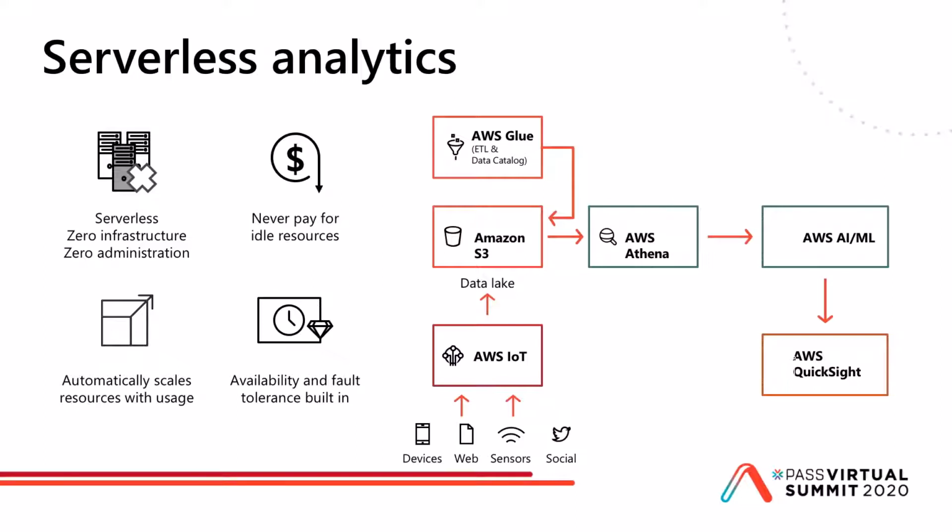For example, on your right-hand side, at the bottom, let's say there is data emitted from your IoT devices. You'd be able to collect all the data using AWS IoT and then persist the data in an Amazon S3-based data lake.